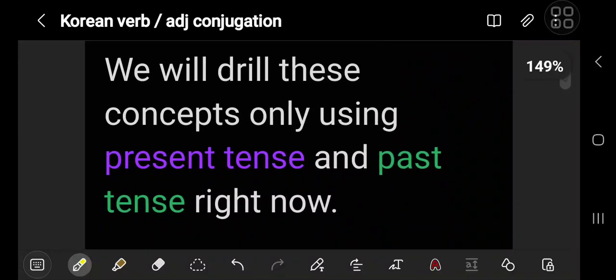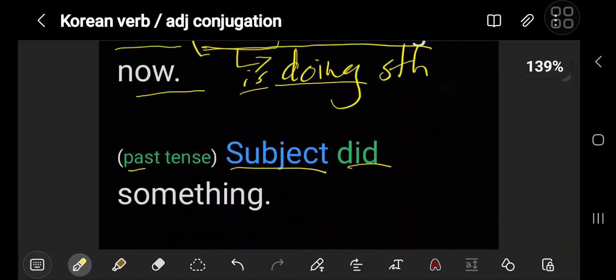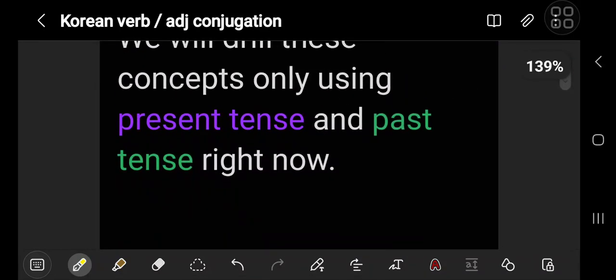So now let's get into drilling these concepts of the base form that we have up here, taking this base form and changing it into the present tense to help the person who's listening to us, or who is reading a word that we've written.